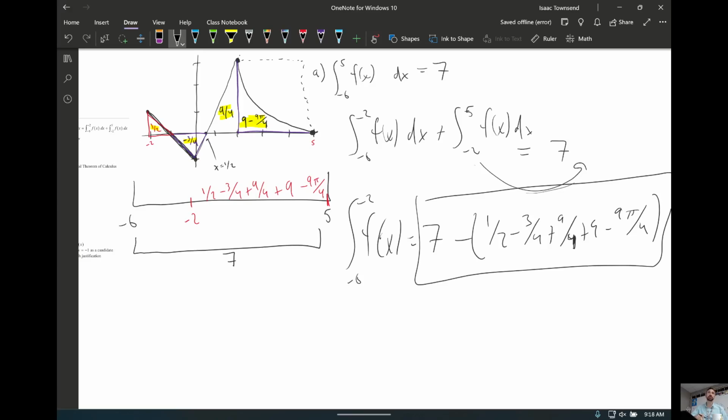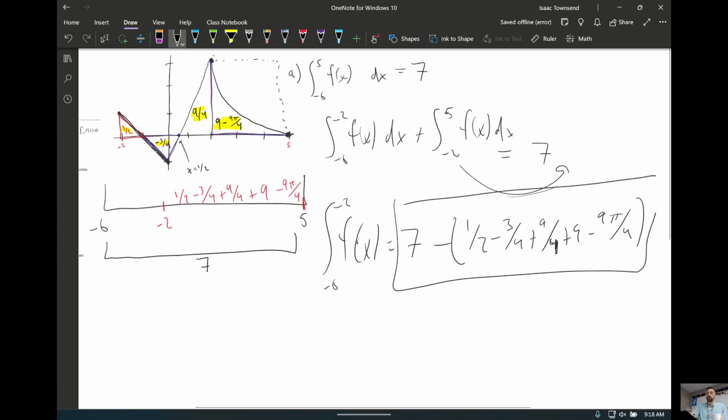If they're different decimals, they're not equivalent. So my suggestion would be try to set this up so you can see this area you were trying to find plus this area that you could find by hand was equal to 7 because I gave you that in the directions, and then that gives you a setup on how to find that.